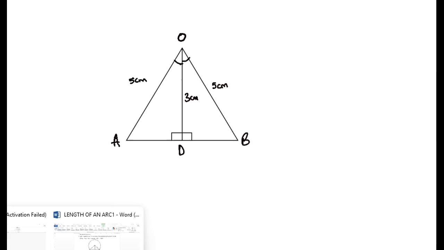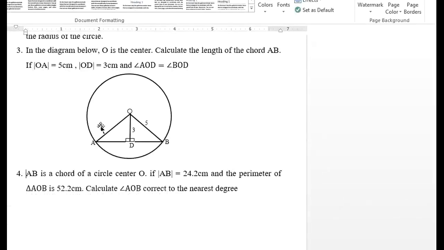Looking at it, the length of the chord here is AD and DB. Like I told you, whenever you have a circle and a chord drawn this way as AB, any line that runs from the center to the chord bisects the chord.